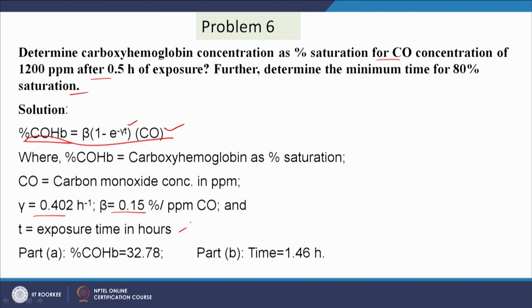Now, if we put this formula here, percentage COHb equals 0.15 into 1 minus e to the power minus 0.402 into t, where t is 0.5 hour of exposure, into CO equal to 1200.